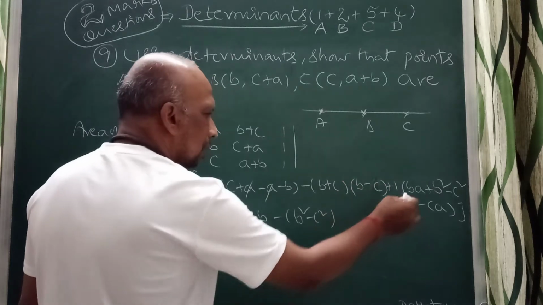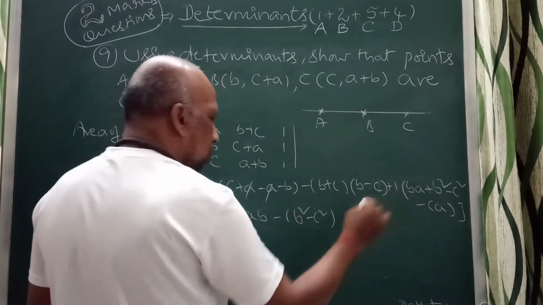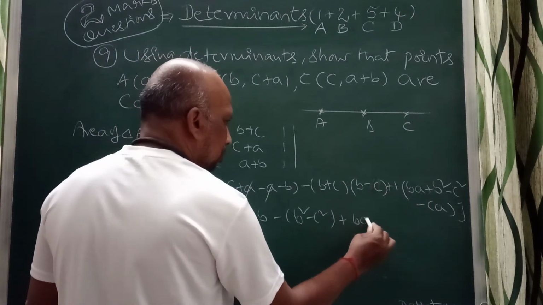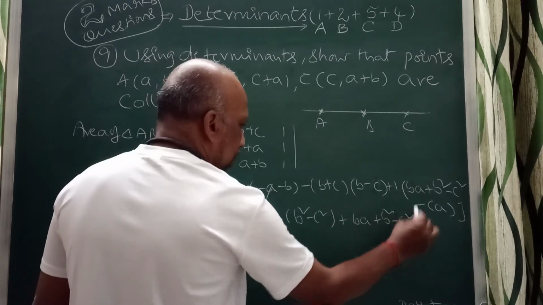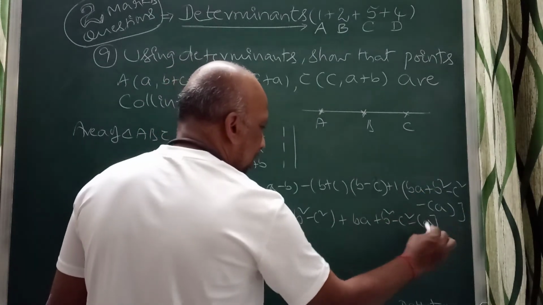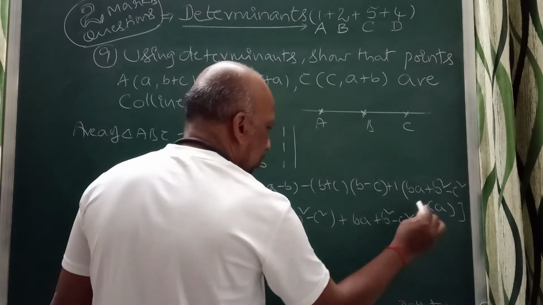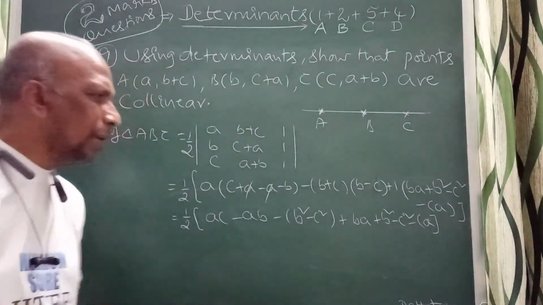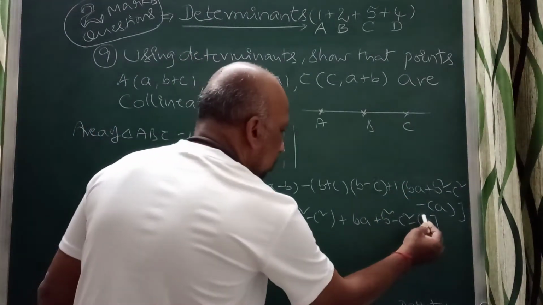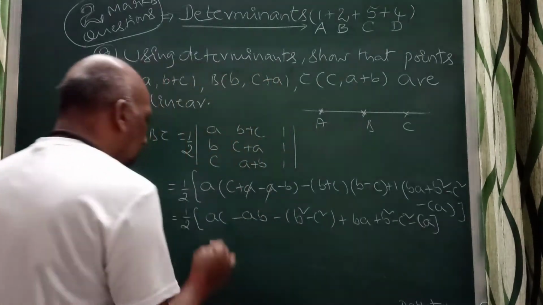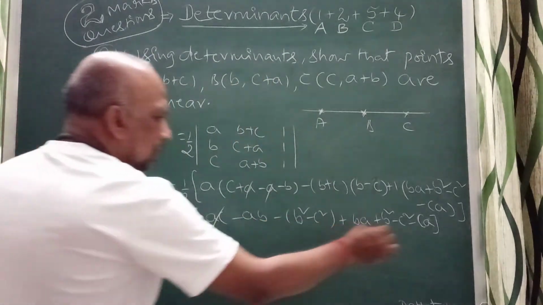I can expand like this. You can also expand this one: plus BA plus B square minus C square minus CA, right? I have written minus CA. Now you can see here plus CA minus CA get cancelled.